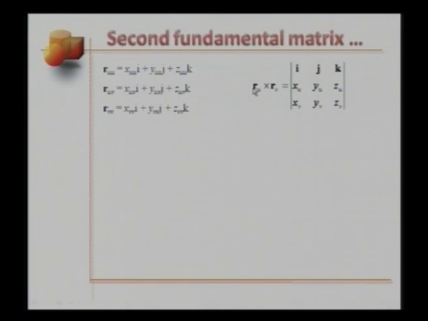You can do this. r_u crossed with r_v is the determinant of this 3 by 3 matrix: i, j, k, x_u, y_u, z_u, x_v, y_v, z_v. So the second fundamental form is equal to 1 over the square root of a squared plus b squared plus c squared, and then we have a 2 by 2 matrix here with elements d11, d12, d21, and d22.